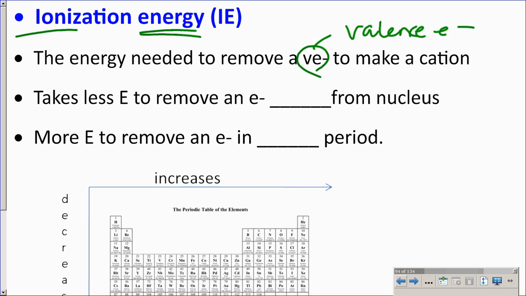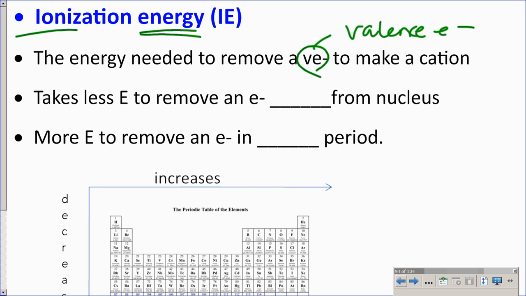The closer the nucleus is to the electron, the higher the force of attraction. So you just told me it was going to take less energy to take this one, because there's less force of attraction. This one's going to require more energy to take the electron because there's more force holding it closer. So forces and energy are kind of intertwined here.